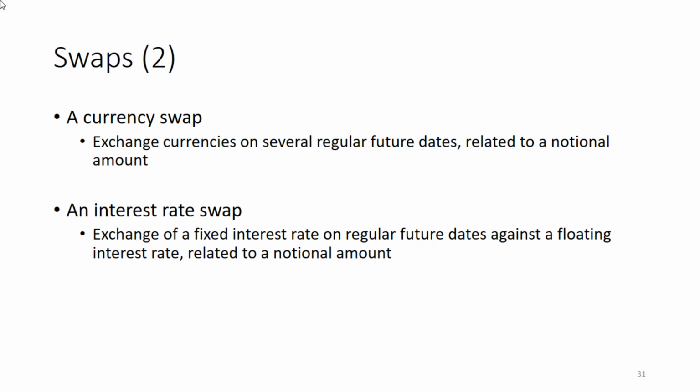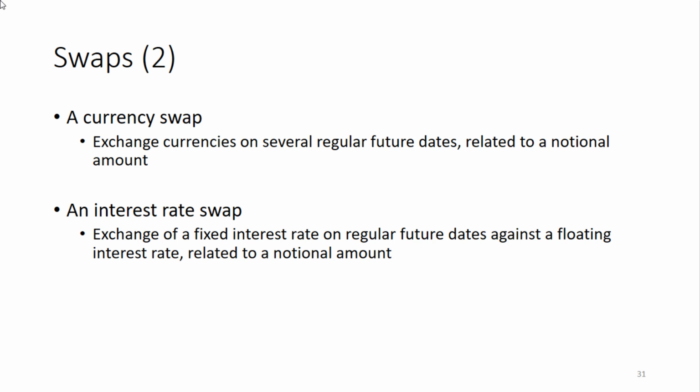What happens in a currency swap is that you agree on a regular basis what the exchange rate will be at many moments in the future. So that means that, for example, if you have a regular income stream in a foreign currency, then by entering into a currency swap, you agree for all these moments in the future that the foreign income will come that you can apply a fixed exchange rate for these incomes.